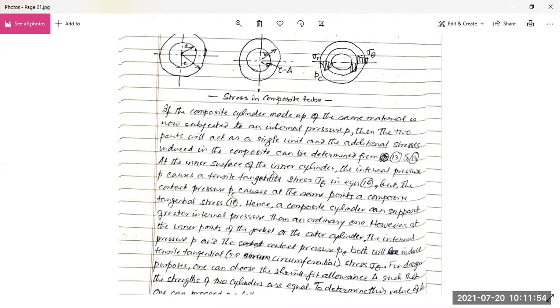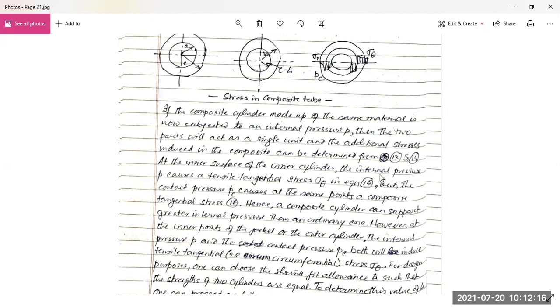Now, on the inner surface, internal pressure, but you see, there is a contact surface between the internal cylinder and the external cylinder that is equal to the internal surface of the external cylinder and equal to the outer surface of the internal cylinder, with the condition that there is some shrinkage allowance.